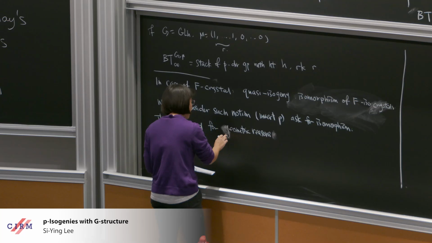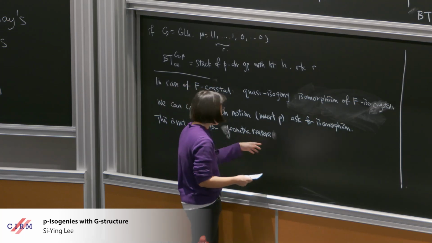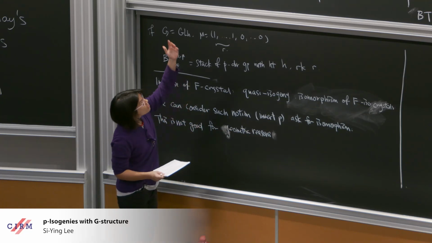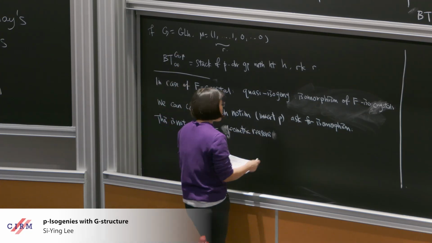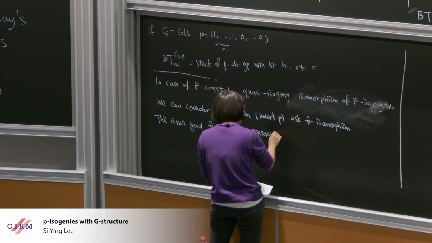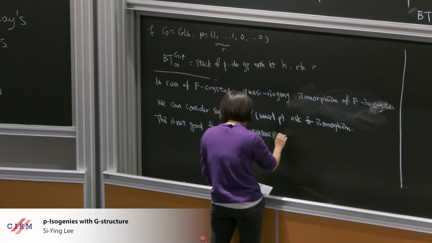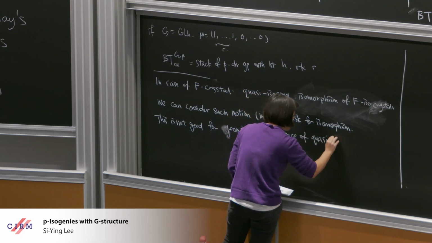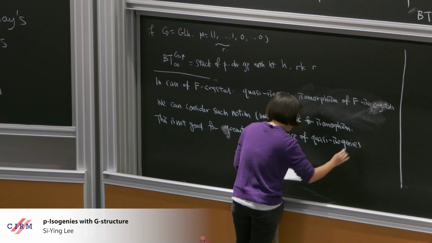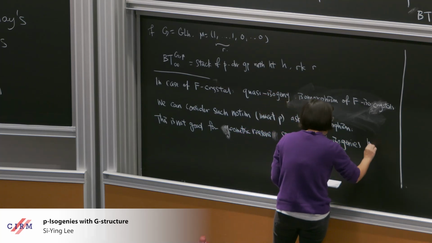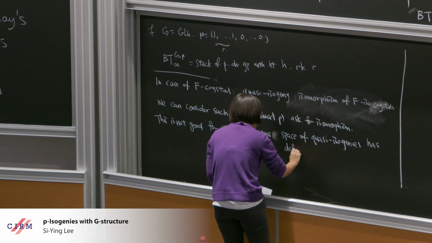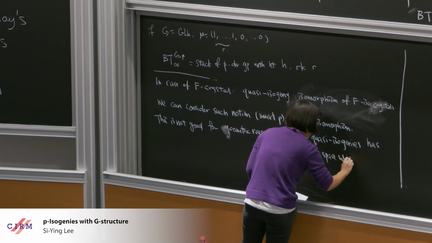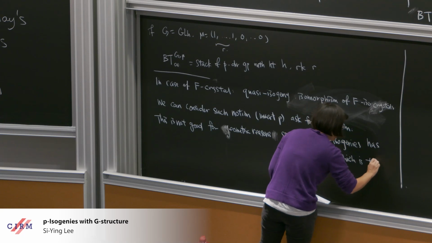So you somehow want an object which works very well. In the setting of classical algebraic geometry, of course, in this p-adic setting maybe it's still fine, and that's one of the reasons. But for geometric reasons, in classical algebraic geometry, this space of quasi-isogenies has a deformation space which is too large.